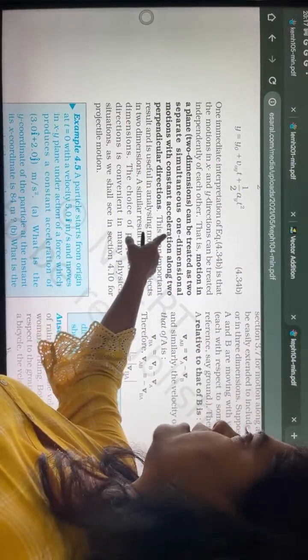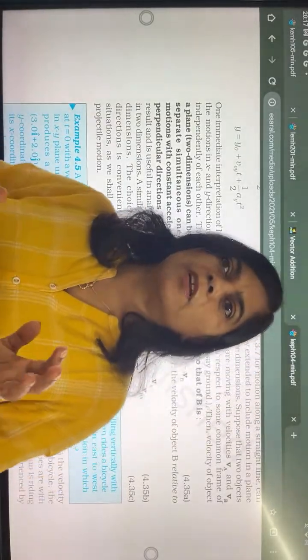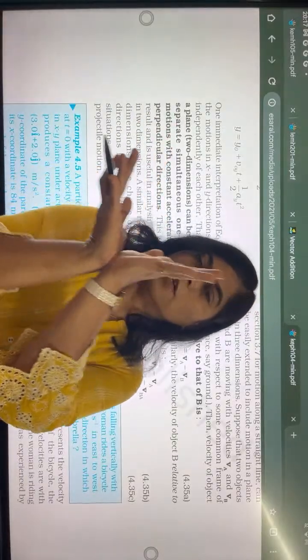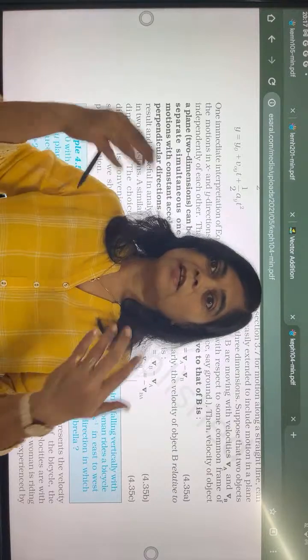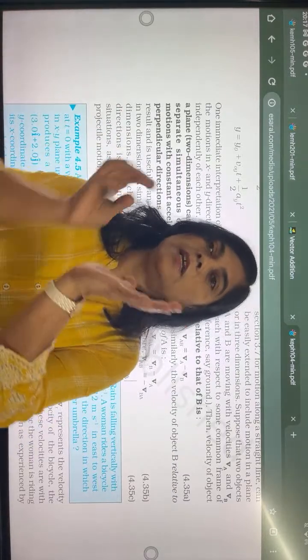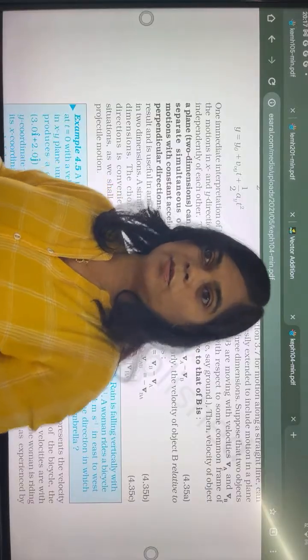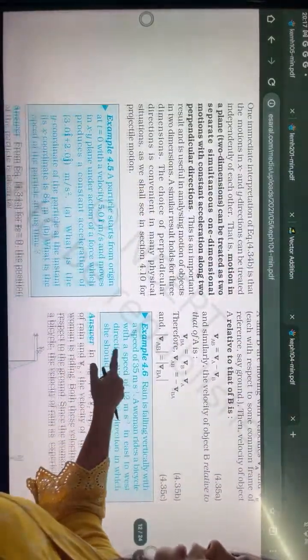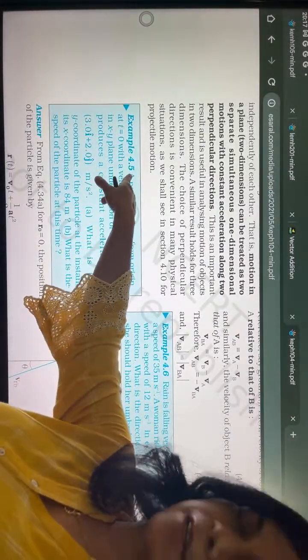So constant acceleration along two perpendicular directions, right? So what are the perpendicular directions? X direction and y direction, mutually perpendicular. Even if you take 3D, the x, y, z axes are mutually perpendicular, orthogonal to each other. Okay? So I told you, we'll see this in projectile motion right now.